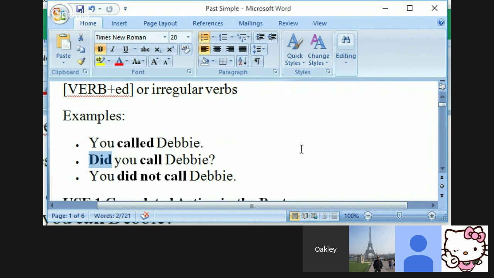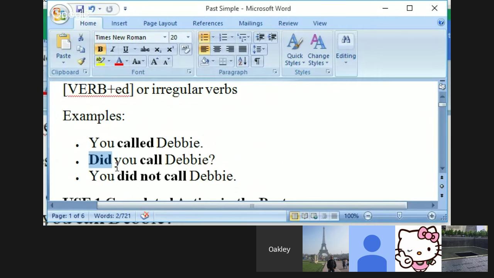Now the verb do, did, can be a main verb, but it functions in the present simple in questions and negatives as an auxiliary, and in the past simple, again, obviously as an auxiliary. So here is the form. Did you call Debbie? Notice the auxiliary in a question is going to precede the subject noun.